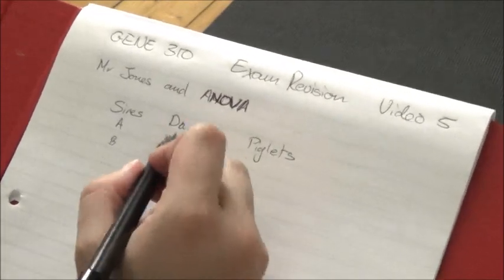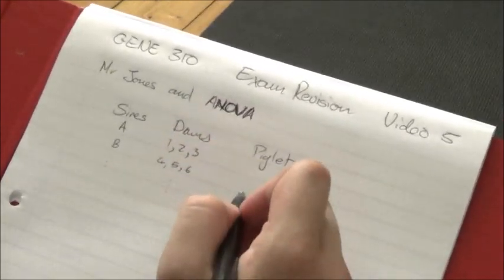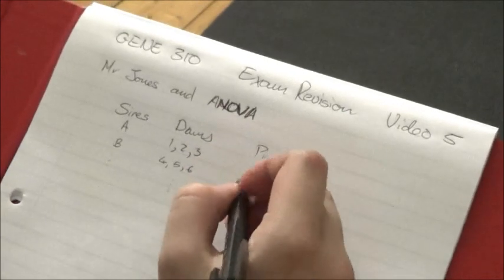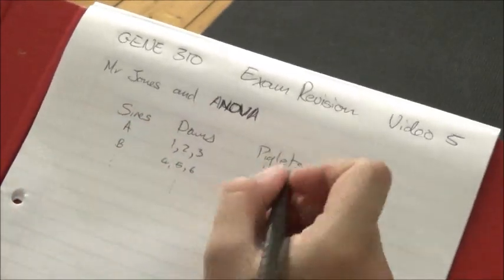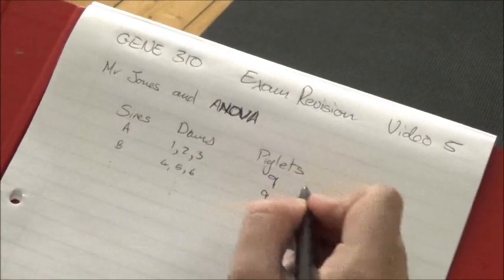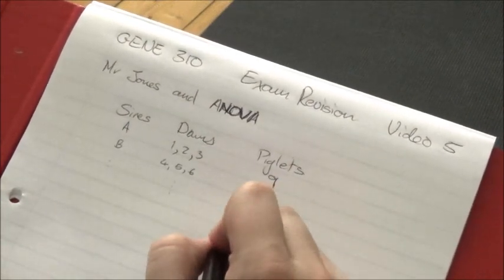And each dam had 3 children, 3 offspring. Okay, so there should be 9 values per sire.